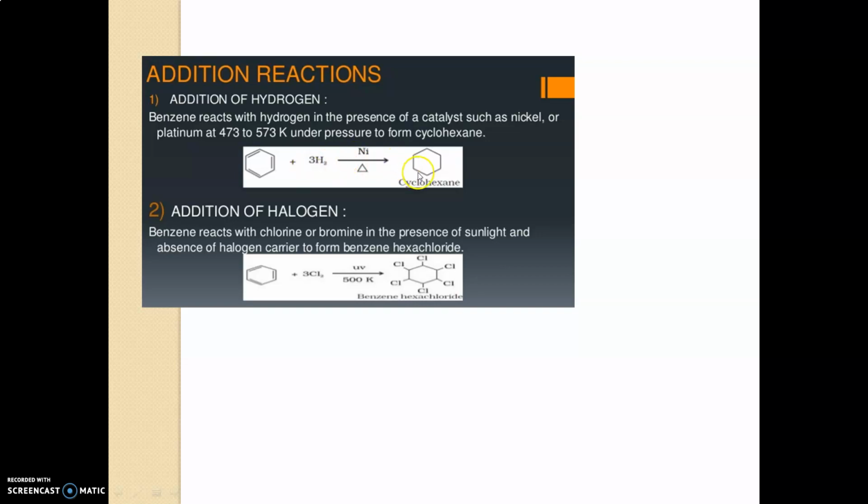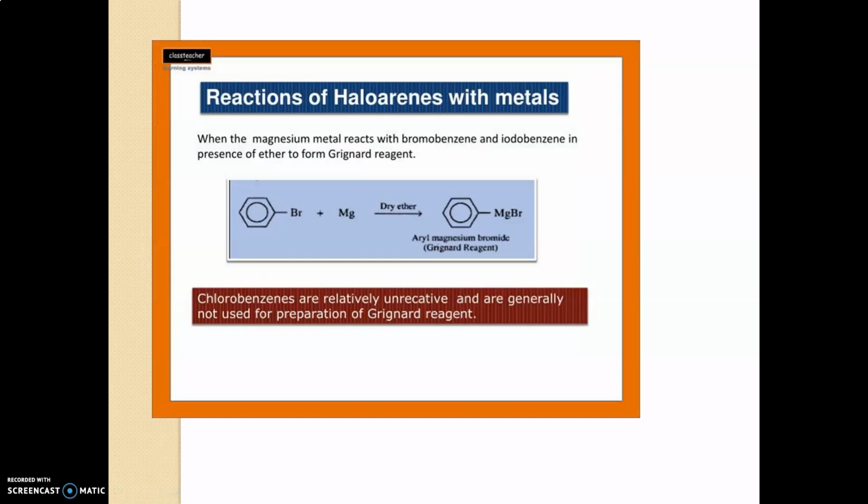So we'll get cyclohexane, unsaturated to saturated. And if you add halogen to the benzene, we'll get benzene hexachloride. This is also one type of haloalkane. So we can convert benzene into so many compounds.